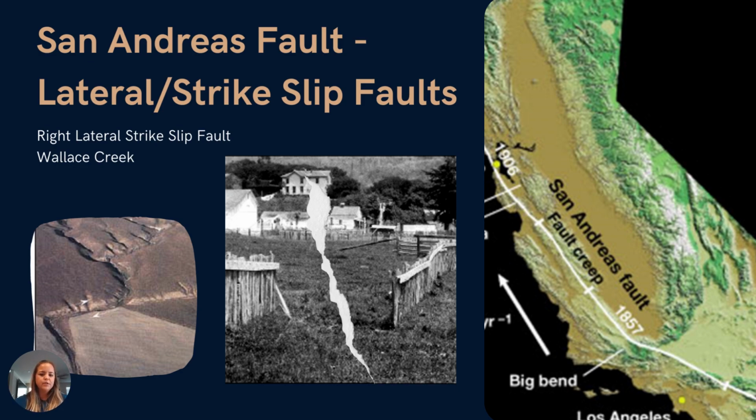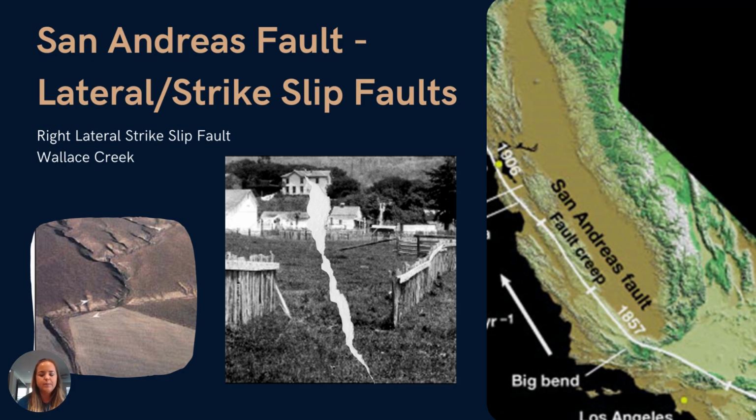So most of the features that we see that are offset over time is stuff that's man-made because they're really easily broken, whereas the creek would take a very long time to actually see the displacement along a creek. And creeks and rivers move and are dynamic as well. So even if a fault was displacing it, it might actually realign itself so you can't actually see that displacement anymore.